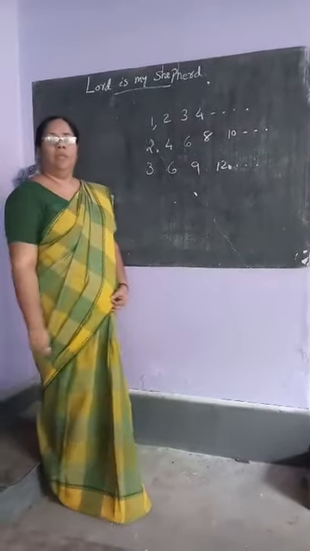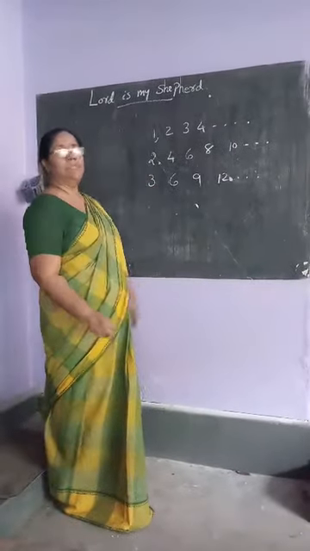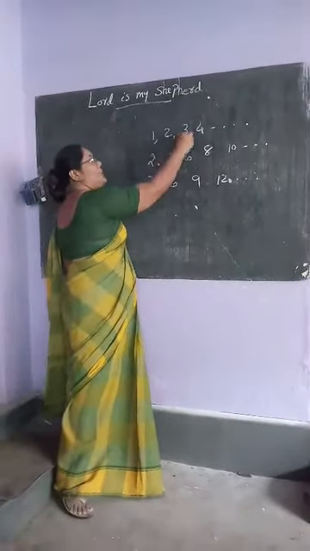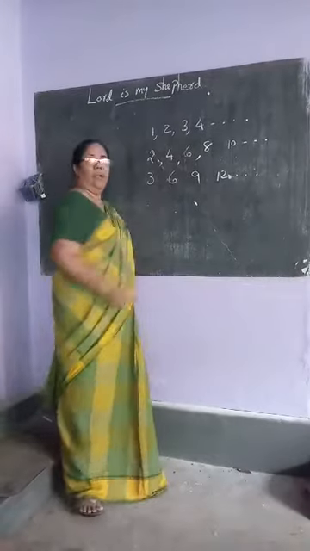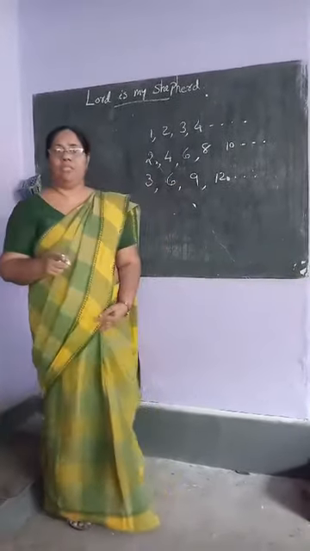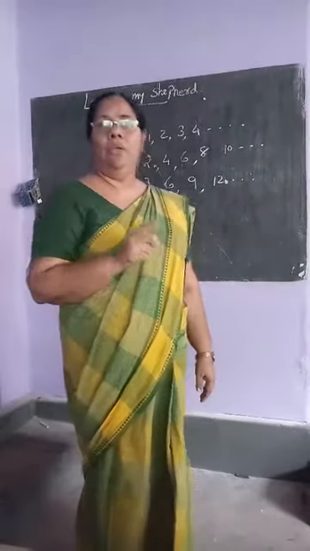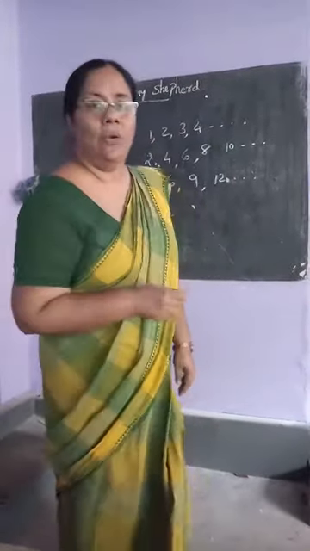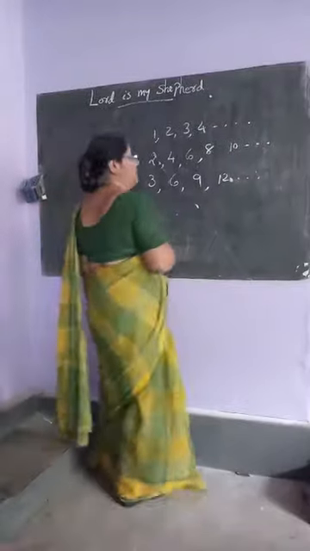If we separate these numbers using commas, it is known as a sequence of numbers.